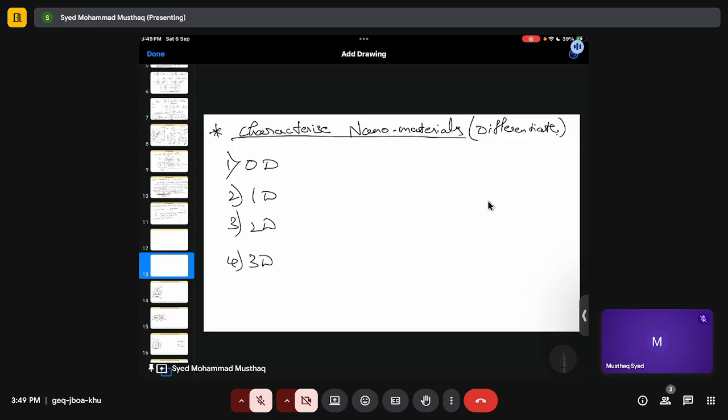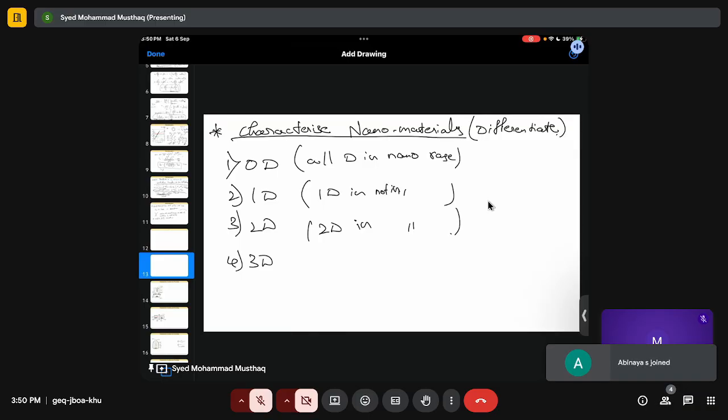I'm not going to explain them again because we have gone through it many times. 0 dimension means all dimensions in nano range, mostly clusters, buckyballs, fullerenes. 1 dimension means only 1 dimension is not in nano range, 2 dimensions means 2 dimensions are not in nano range, and in 3 dimensions, all 3 dimensions are not in nano range.